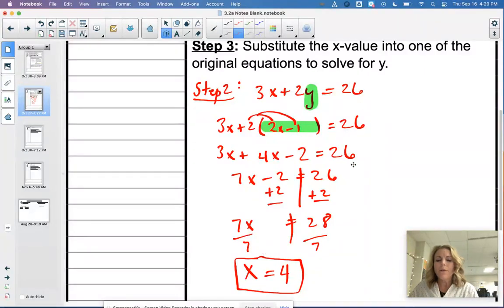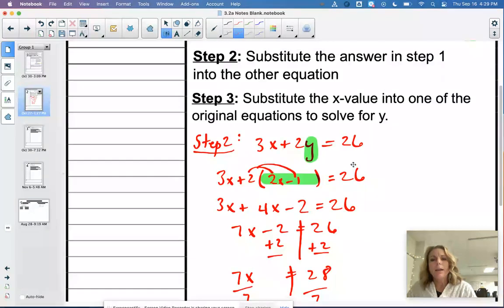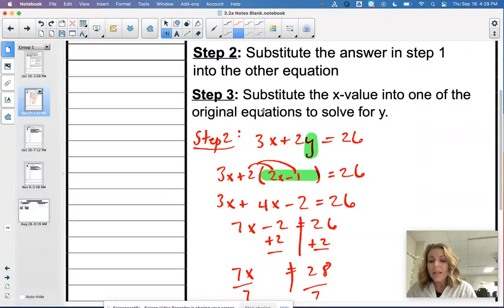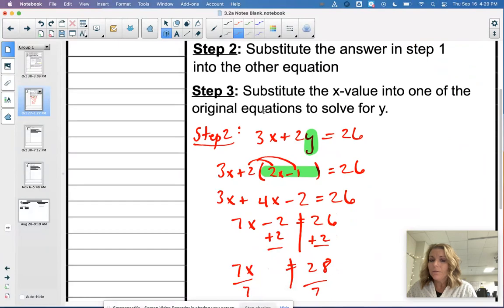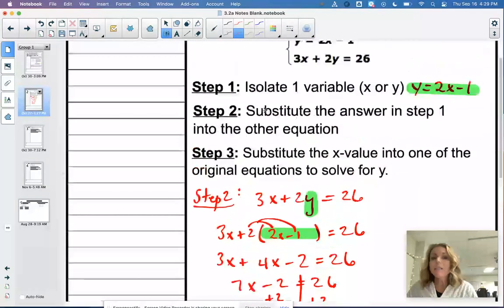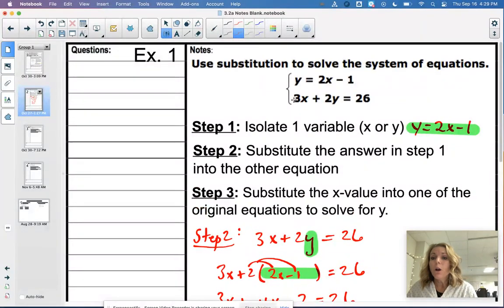We now have to finish up and look at step 3. We need to substitute the x value into one of the original equations to solve for y. So we found x, so now we're going to take x and plug it in to find y. It doesn't matter, we can plug it into either of them. But I would for sure plug it into this one.